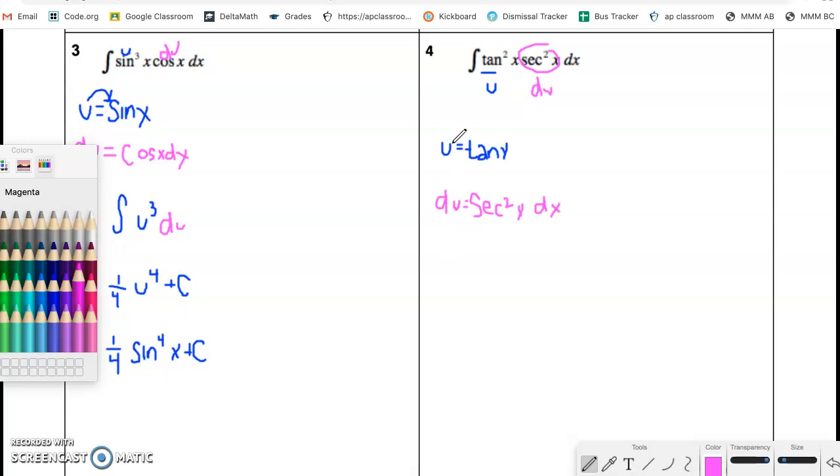So I'm going to go ahead and substitute everything in. So integral of u, and this tan has this exponent, so it's tan squared, so it'll be u squared du.